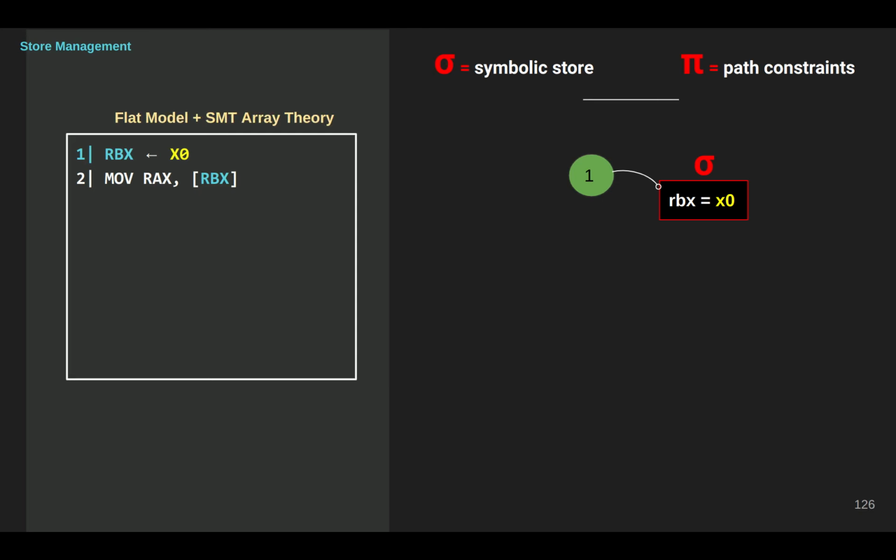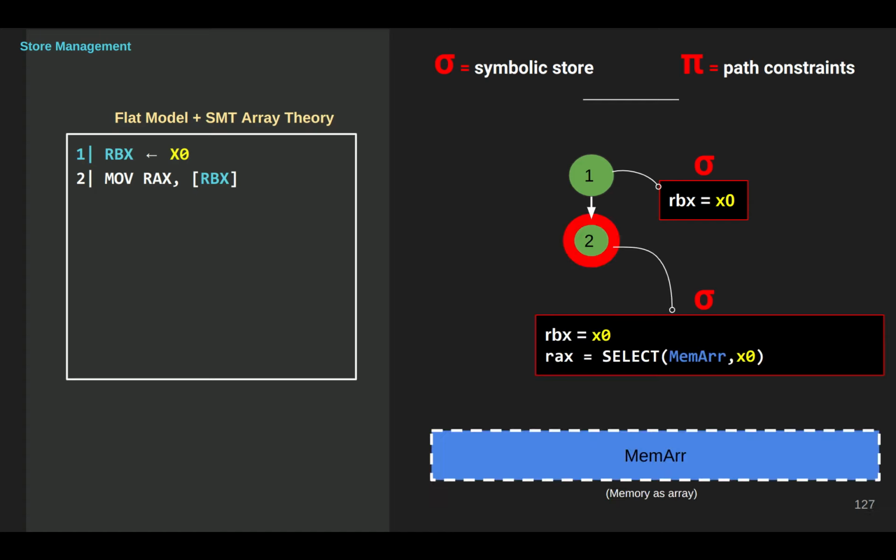And then finally, I think the most common, or the one at least I've been more familiar with, is the flat model, using the SMT array theory, which allows you to reason about arrays and the contiguous areas in memory, and how to index and select values in those arrays.